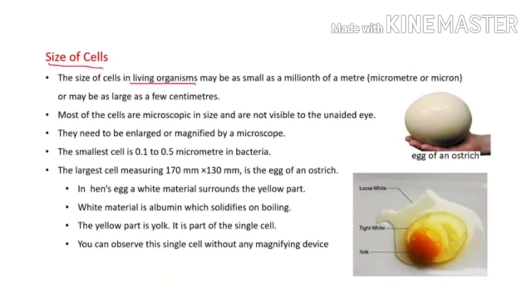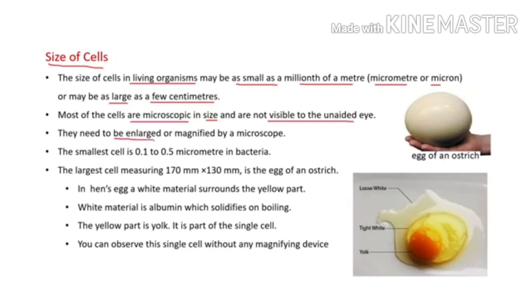Size of the cells in living organisms may be as small as a millionth of a meter, that is a micrometer or micron, or may be as large as a few centimeters. Most of the cells are microscopic in size and are not visible to unaided eye.